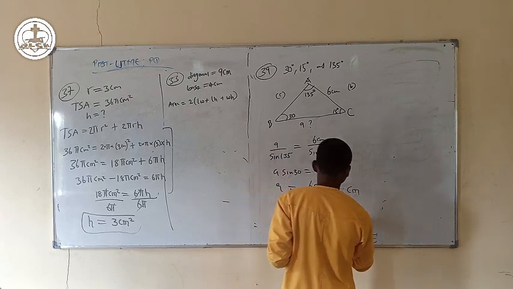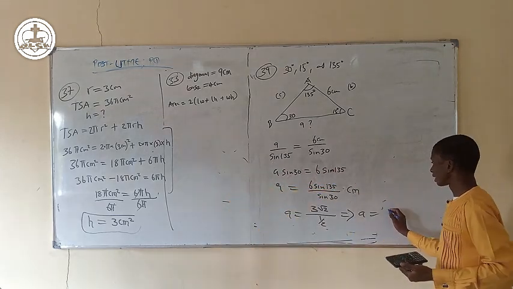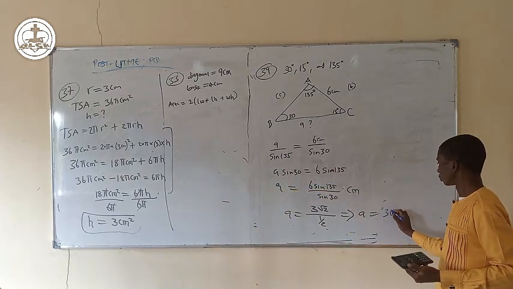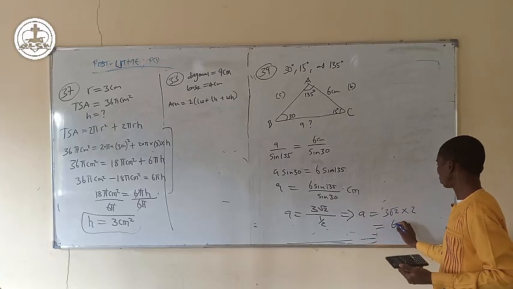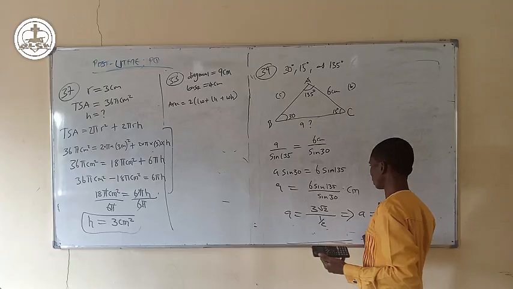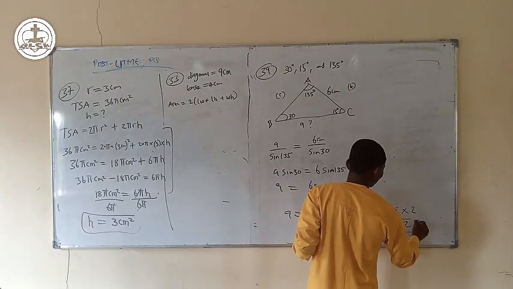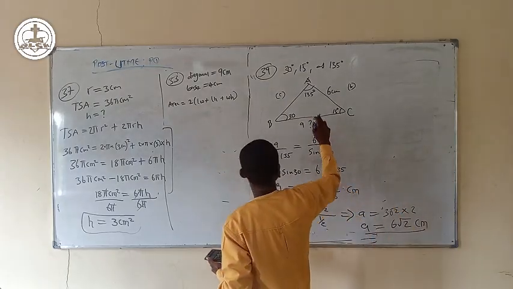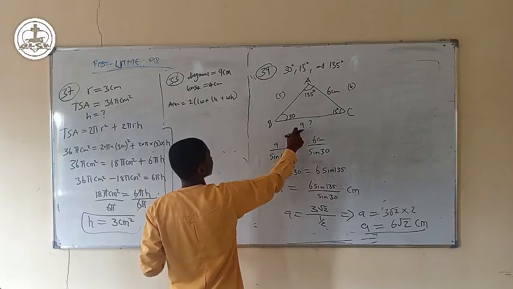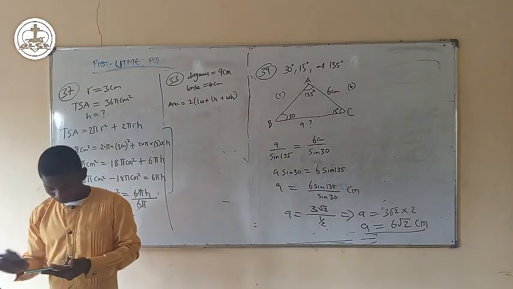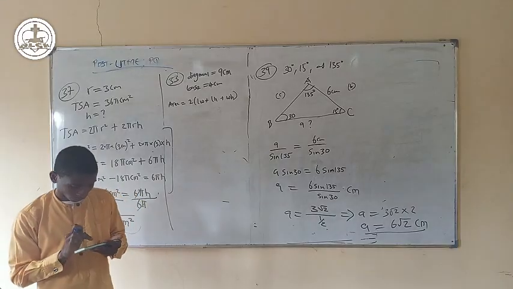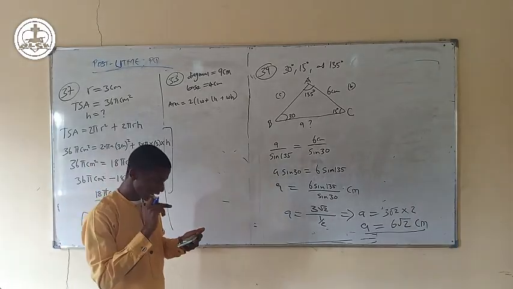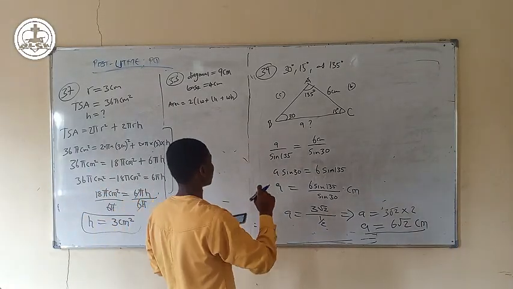And we can write a is equal to 3 root 2 times 2, and this is 6 root 2. That's the side opposite to 135 degrees.